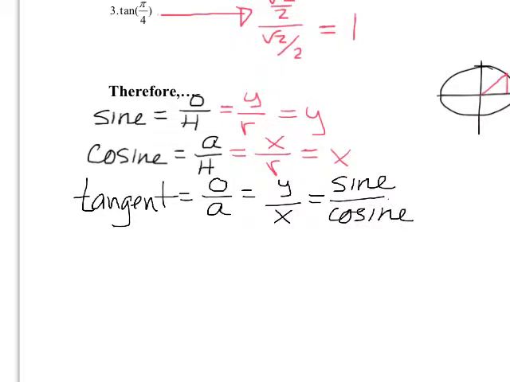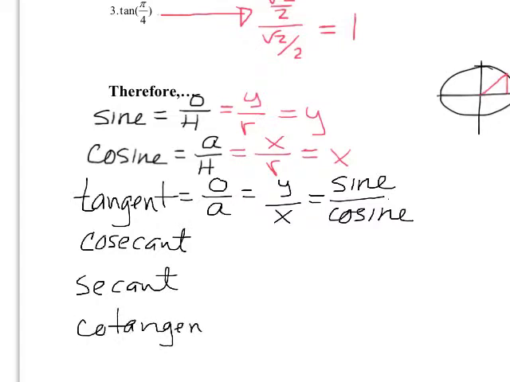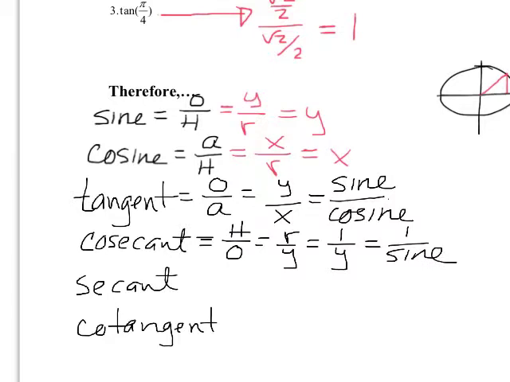And then the other three functions, cosecant, secant, and cotangent, are just the reciprocals. Cosecant would be hypotenuse over opposite, or r over y, or 1 over y, or 1 over sine. All those things are true.